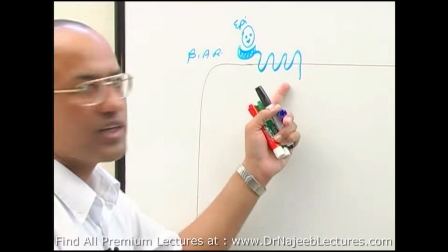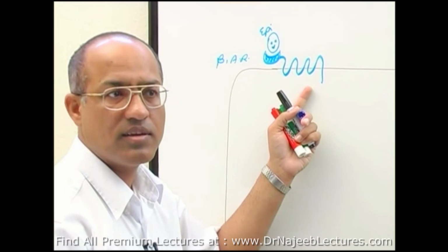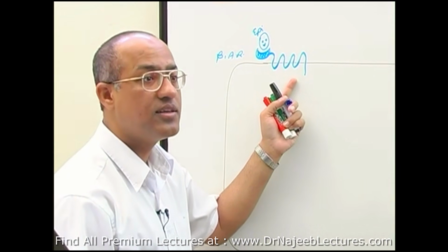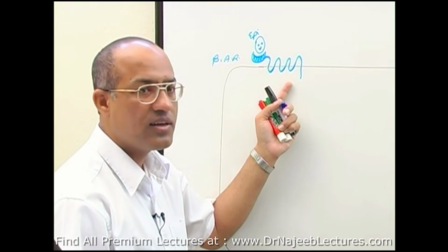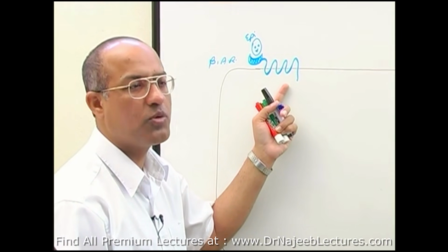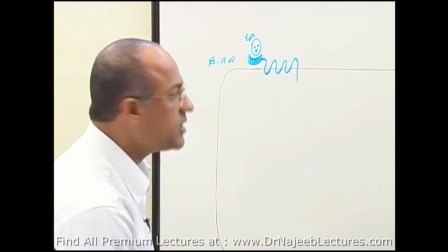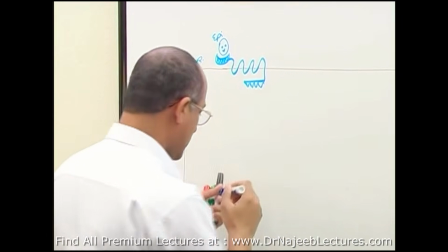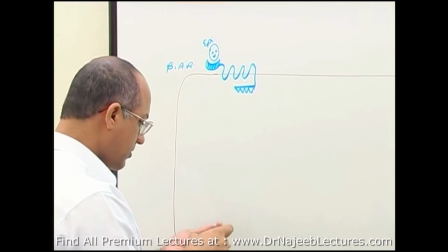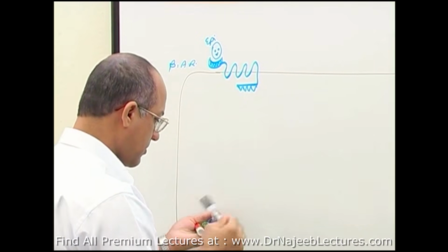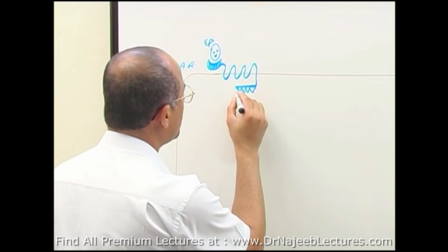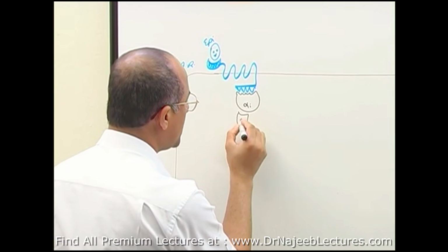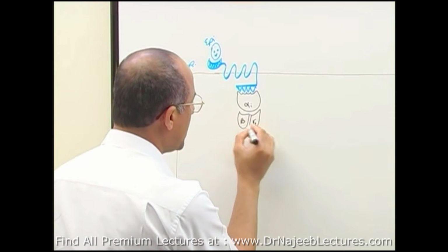You remember alpha 1 adrenergic receptor was coupled with GQ. Alpha 2 adrenergic receptor was coupled with G inhibitory. But beta 1 adrenergic receptor is coupled with G stimulatory protein. Let's suppose this is alpha component of G stimulatory, this is beta and gamma.